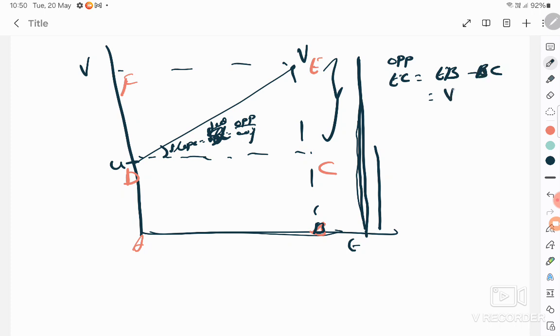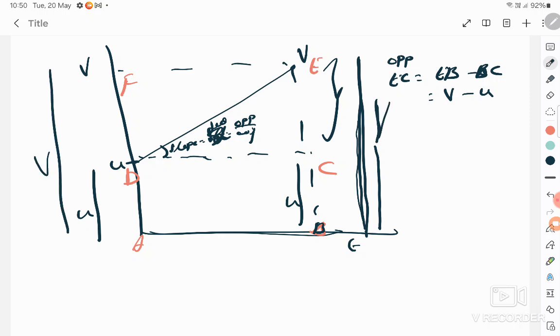And you know EB itself is v, BC itself is u, because from here to here is u, this is also u. From here to here is v, this is also v. So take the slope. What is the slope? Slope gives you dv by dt, which is our acceleration, which is v minus u by t. Therefore a is equal to v minus u by t, or v is equal to u plus at.